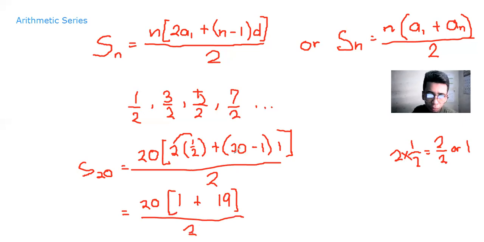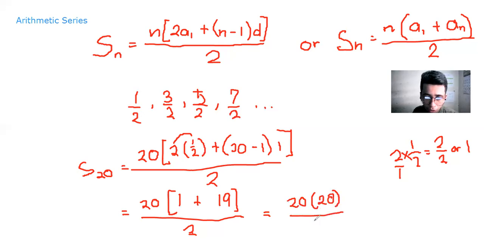So it follows that: 20 minus 1, 19 times 1, 19. And this one is 2 times 1/2. We just multiply, numerator to numerator, denominator to denominator. Since we put a denominator of 1, 2 times 1 is 2, 1 times 2 is 2, or just 1. Then we equate, so we have 20 times 20 over 2.